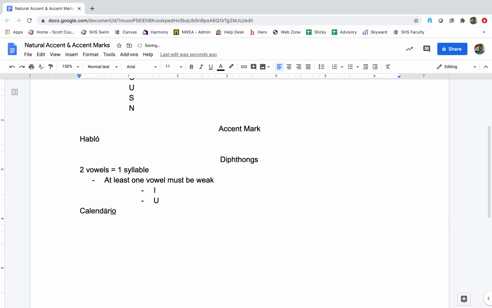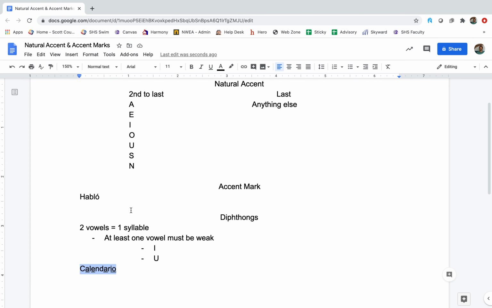We're just going to go through and underline all the syllables. Remember, every vowel sound is its own syllable. So anytime you have a vowel on its own that's separated by consonants, that's guaranteed to be a syllable, because the only vowel that can ever be silent in Spanish is a trapped U. So, calendario, that's a 4-syllable word.